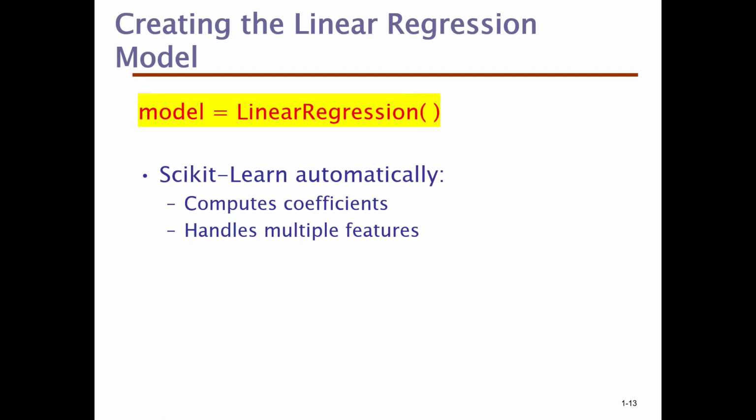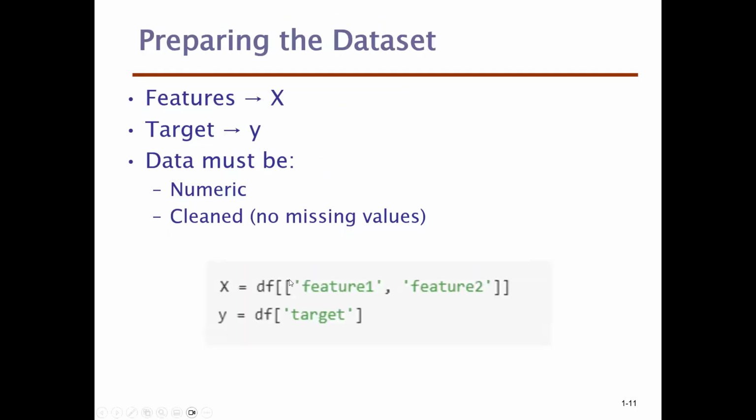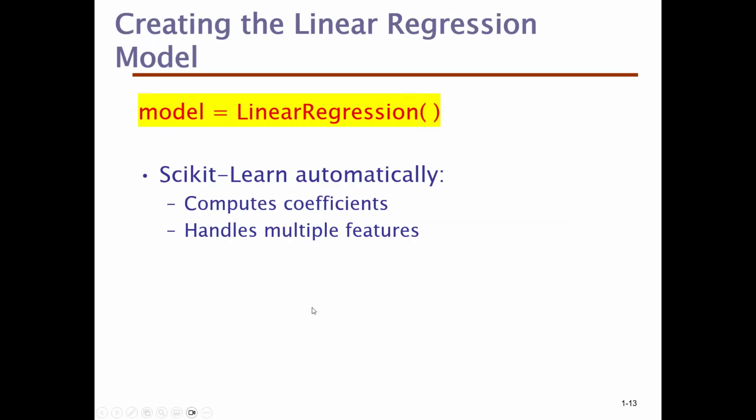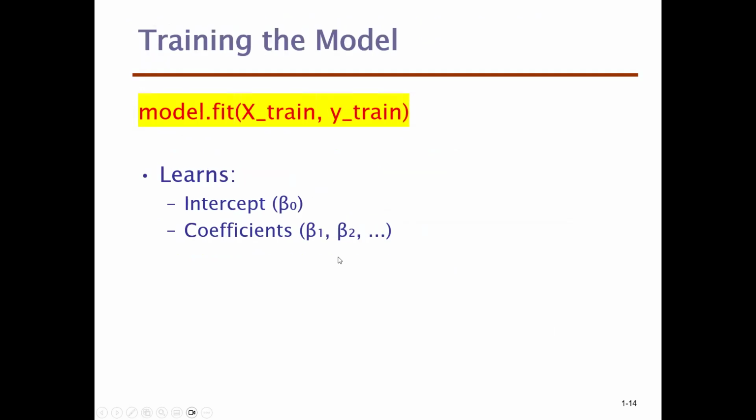Now, see here we are selecting all the possible features, everything. When we run the program, Scikit-Learn will compute all the coefficients and handle the multiple features, everything for us. Our goal is to make sure we have the right packages and the right functions for the right work, the correct function for the correct task.